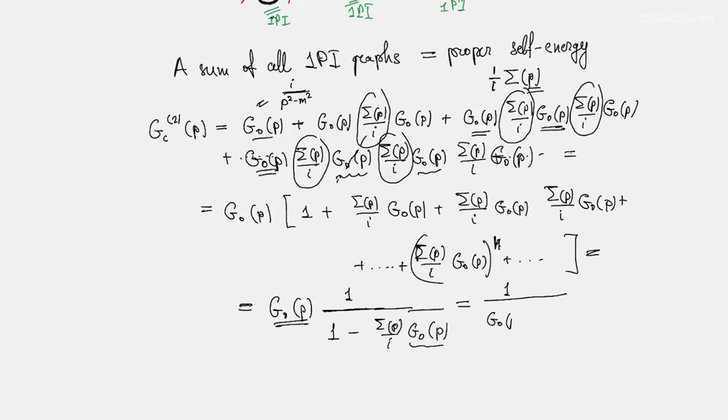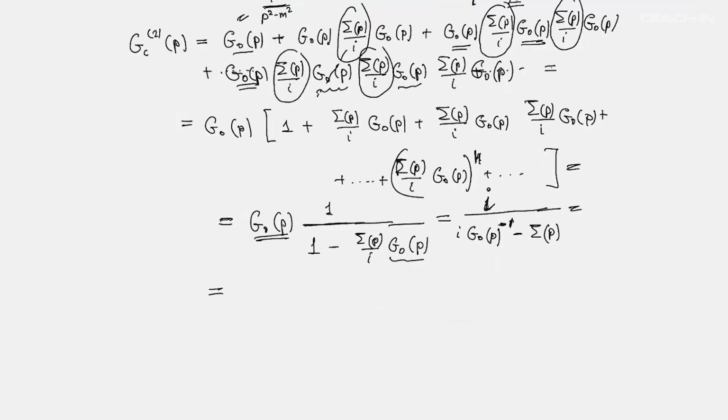Here I will also have i, right? And sigma of P. And now I remember that the propagator G0 of P is i divided by p squared minus m squared plus i epsilon.